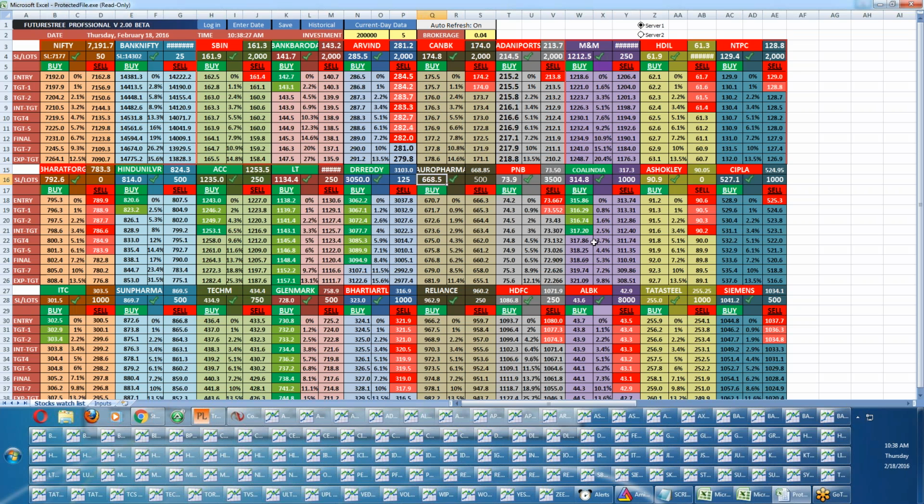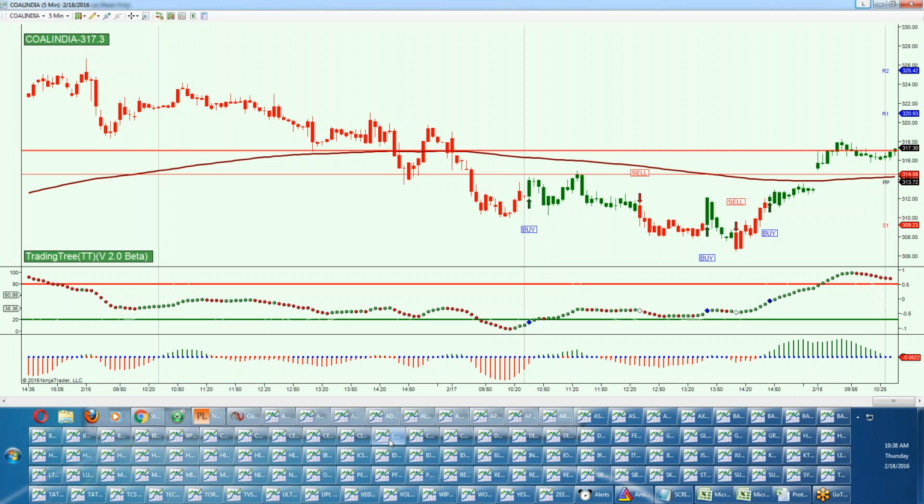Coal India has done its intermediate target. So its next target can be 318.50, and after that it will be 319 and 321.